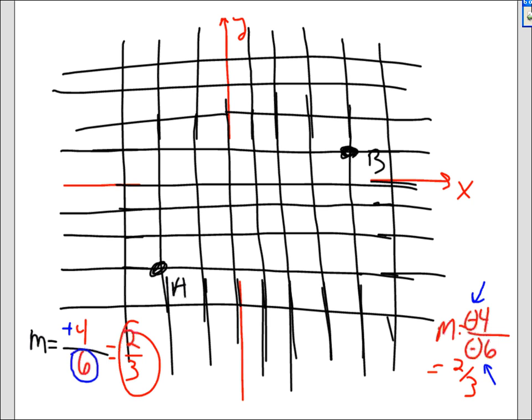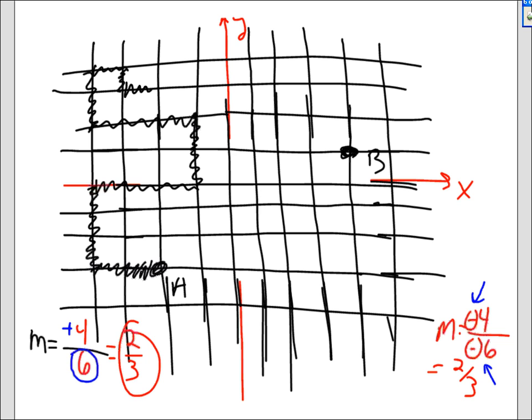To go from A to B, you could have first... so long as you go left and right, up and down, you could have gone that way. Believe it or not, the slope is going to be the same.